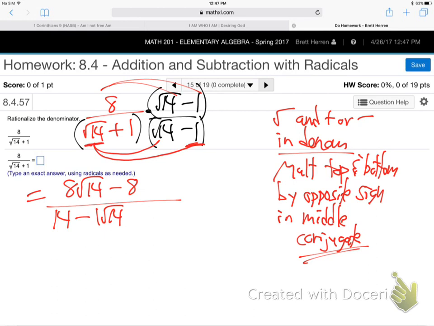No interaction. He's done. And now this guy, boom, boom. Plus 1 root 14, minus 1. Is that good so far? Everybody getting that?